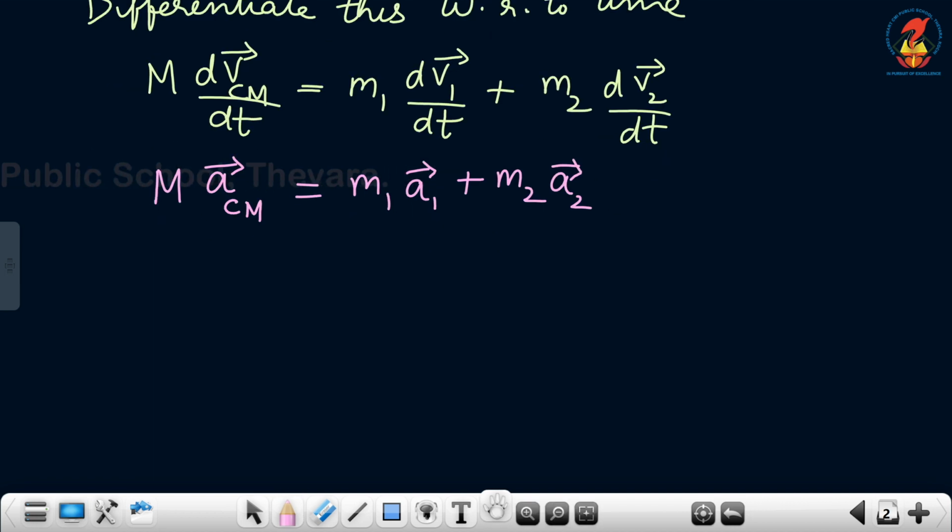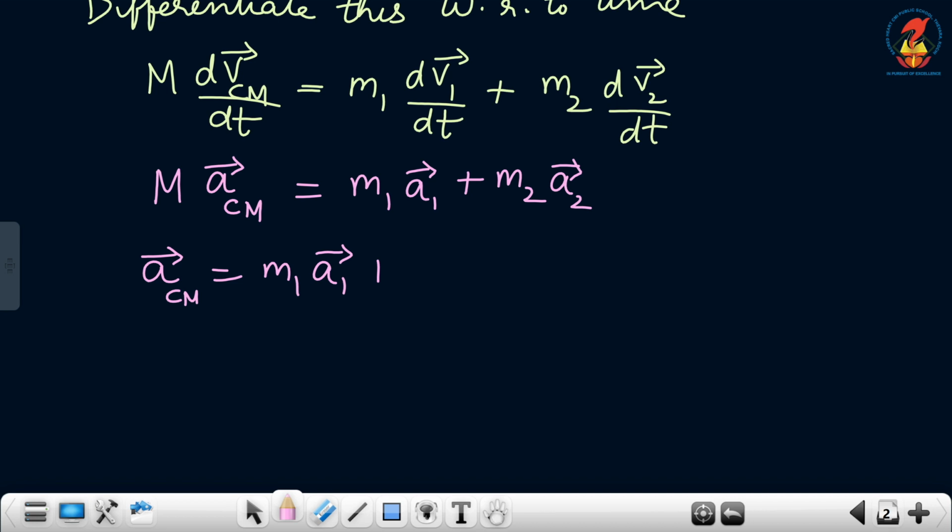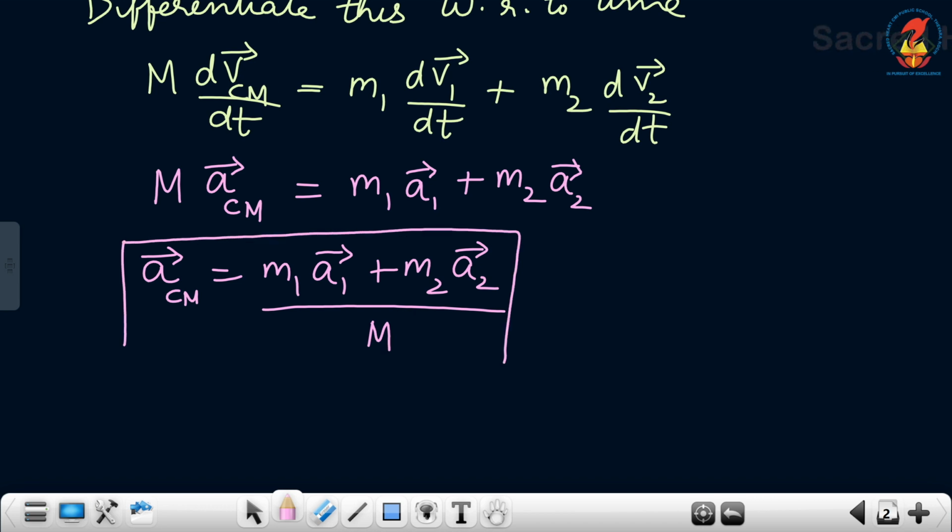Therefore, I can write ACm is equal to (m1 A1 + m2 A2) divided by capital M, where capital M is m1 plus m2.